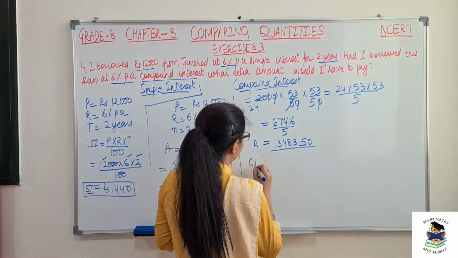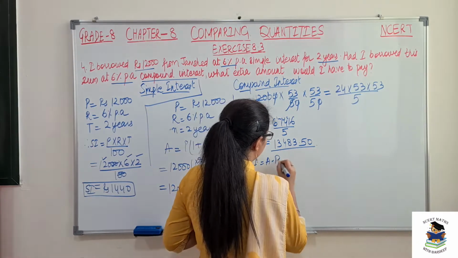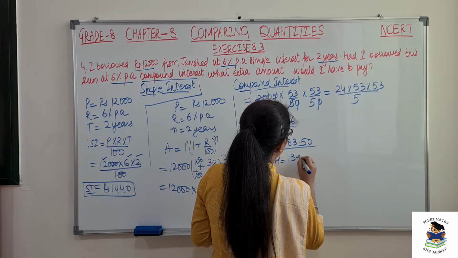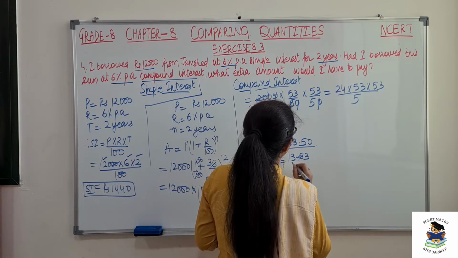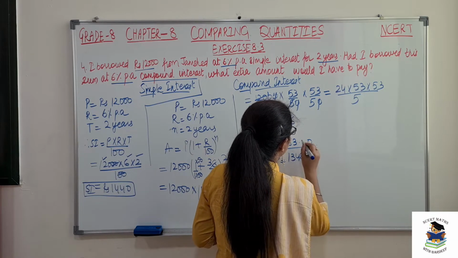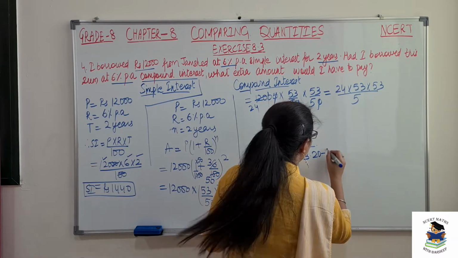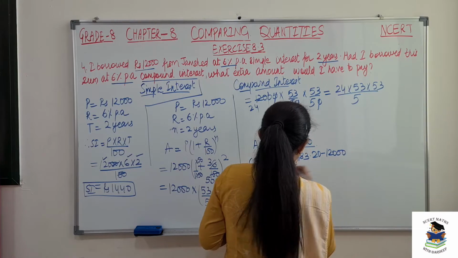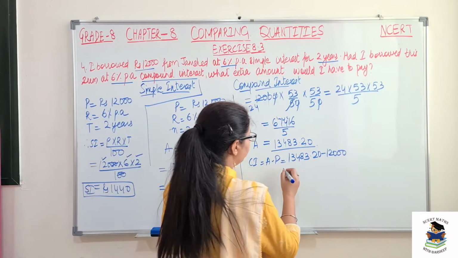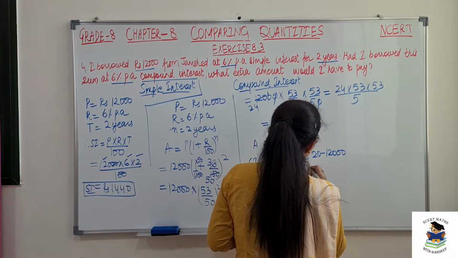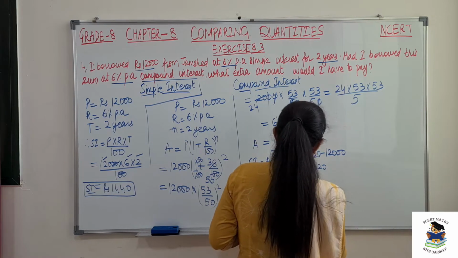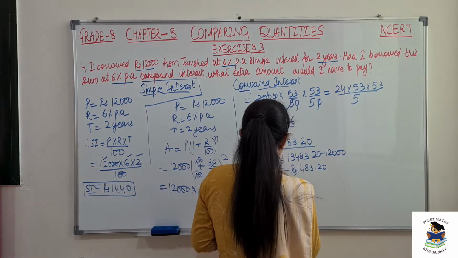So what should be the compound interest now? This will be A minus P, 13483.2 minus 12,000. So after this we will subtract, and we will get 1483.20 rupees.